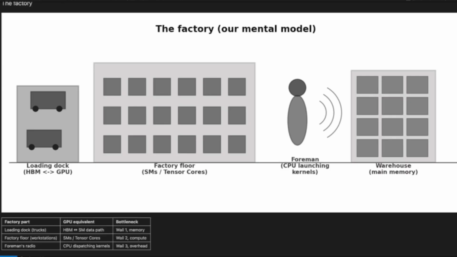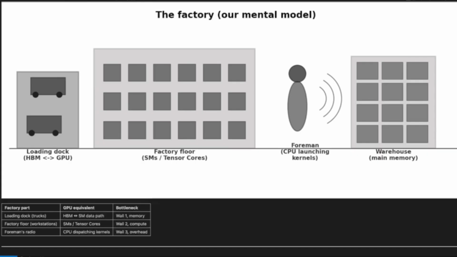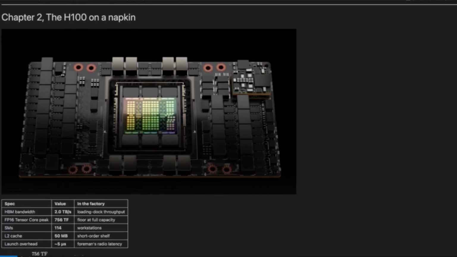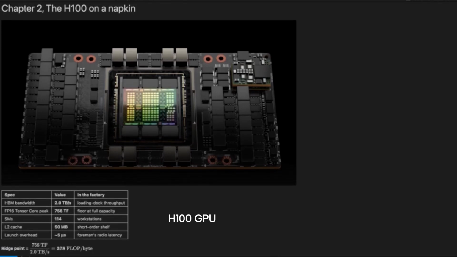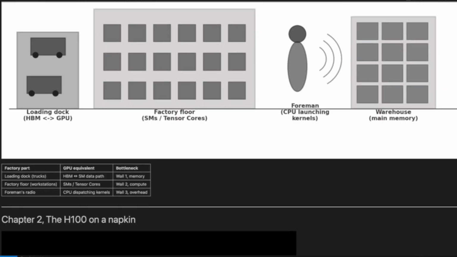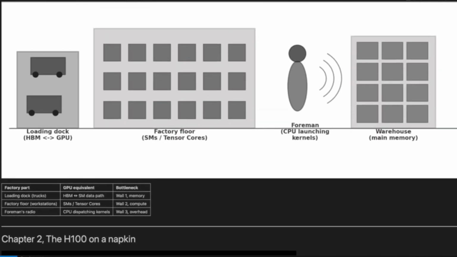Before we start looking at the different bottlenecks, we can first talk a little bit about the GPU we're on. Currently, this notebook is running on an H100 GPU, and it has specific specs written here. The high bandwidth memory bandwidth is at 2 terabytes per second. That's the peak amount of throughput we can give to the SMs.